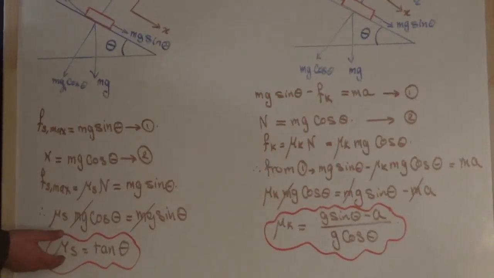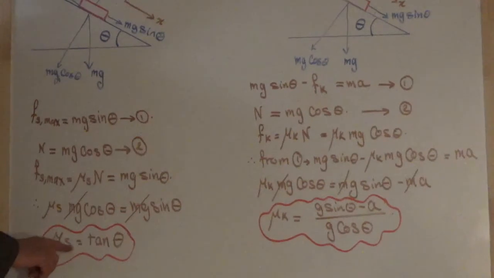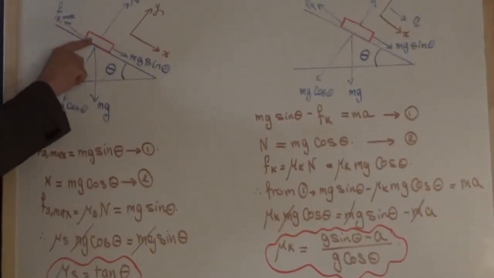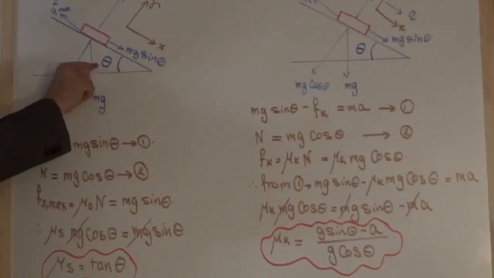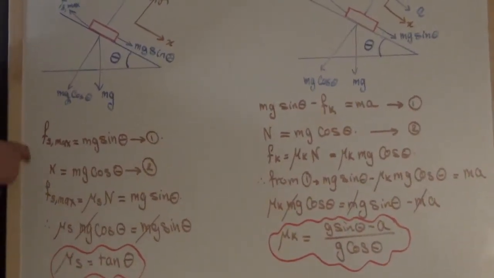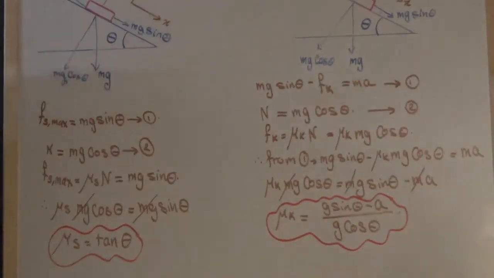This is one of the material properties, so we can't change it. But mu s is equal to tan theta. So when you have this critical angle that makes this object just about to move, you can use this angle to figure out the static friction. So we are done with the static friction, and hopefully that's clear.